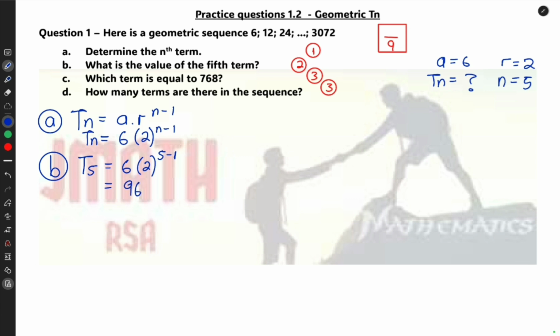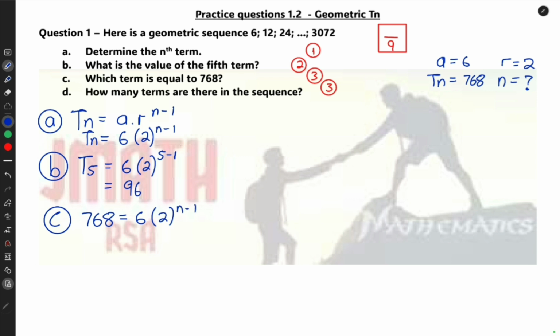Okay, question C. Which term is equal to 768? I'm taking my Tn formula from question A, and now I know I'm looking for n, and I know Tn is 768. So 768 equals 6 times 2 to the power n minus 1.